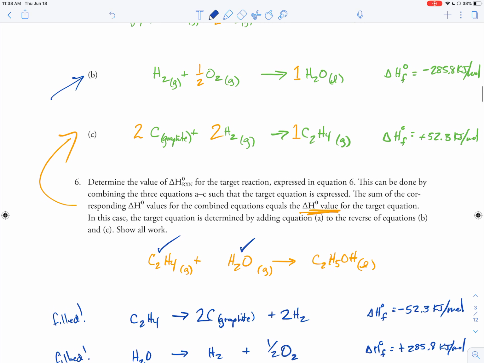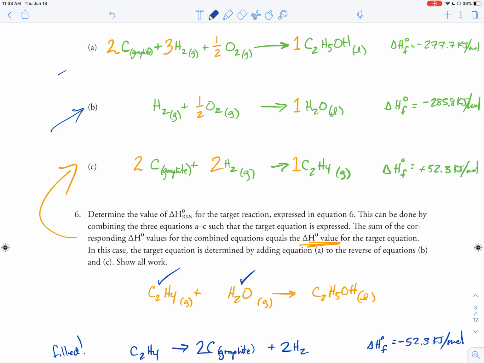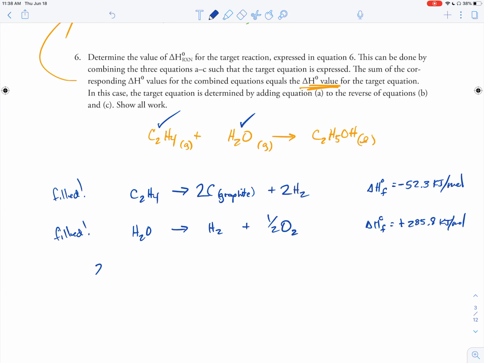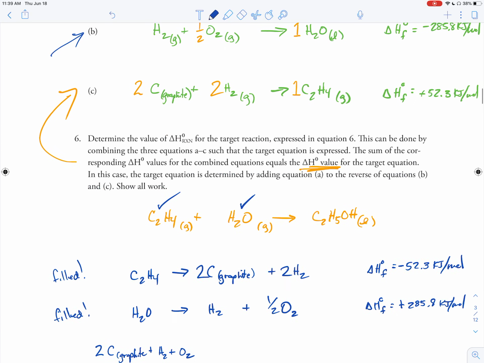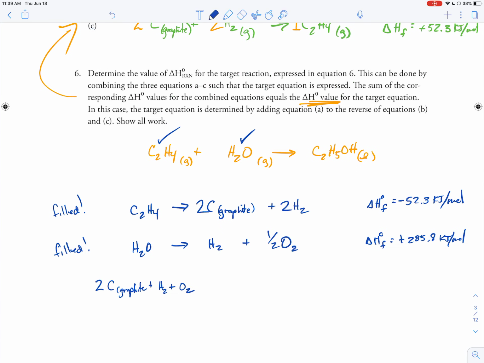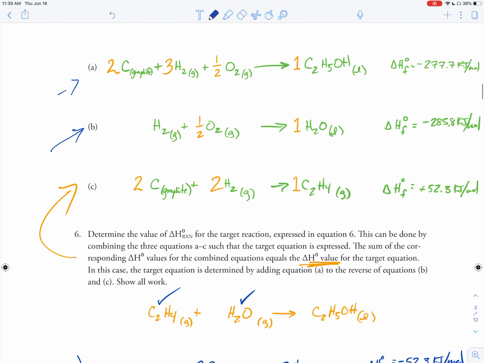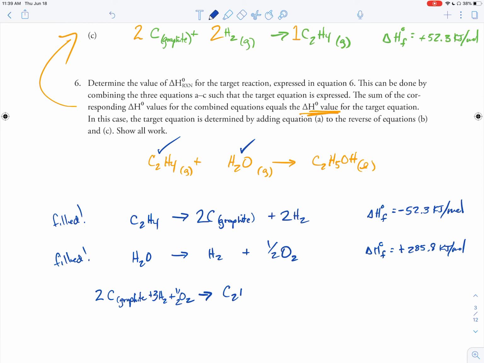So C2H5OH, we're going to use this one. And that one stays the same because it's on the left-hand side. So we'll put 2 carbons that are graphite plus H2 plus O2, and I believe it's a 3 and a 1/2, yields our substance, C2H5OH.